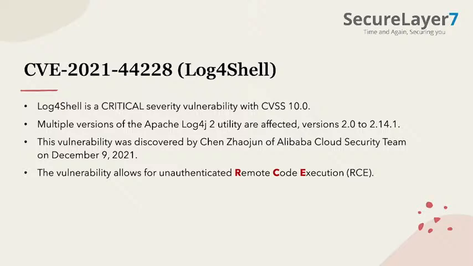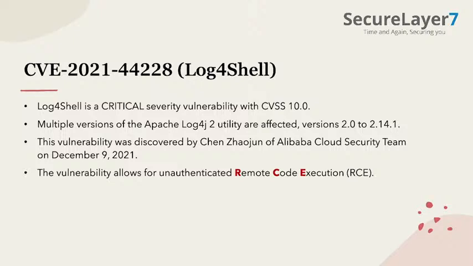Multiple versions of the Apache Log4j2 utility are affected, from version 2.0 to 2.14.1, and as per the sources, the vulnerability was disclosed by Chen Zhaojun, I'm sorry for the pronunciation, of the Alibaba Cloud Security team on December 9.